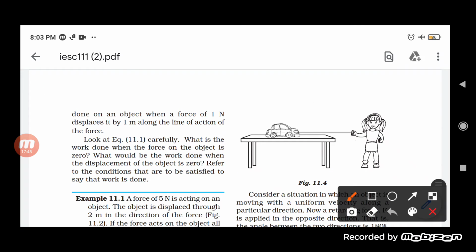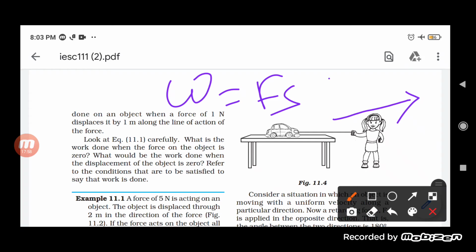Now the next one is again W is equal to Fs. Now what happens? Suppose a coolie is carrying a bag or luggage on his head. The coolie is moving in the forward direction and the luggage which he has kept on his head is acting in the downward direction. Now the angle made by F and S is what? It is 90 degree. Right?